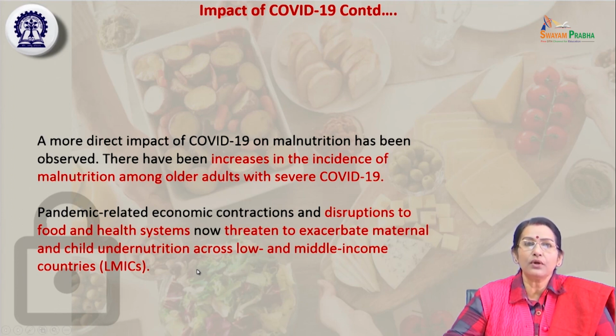So in low and middle income countries, especially in India also, in our rural setup also, this has immensely and negatively affected the health system of our citizens in our country. So this COVID-19 has taught us a lesson, where it has been threatened like anything, and we were not prepared for it.